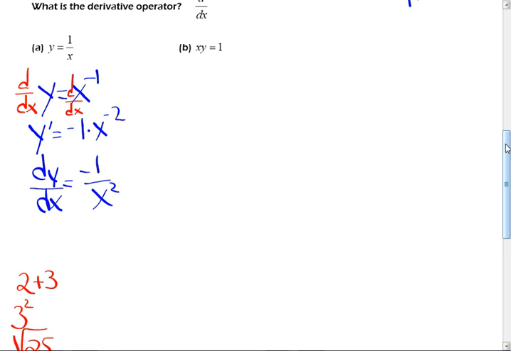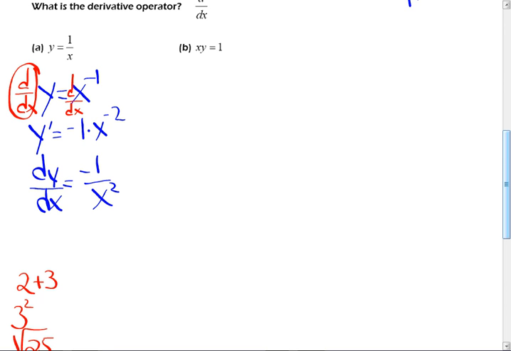d/dx says find the derivative with respect to x. dy/dx means the derivative of y with respect to x. We say dy/dx because that's easy to say.